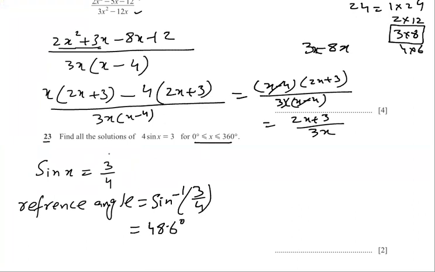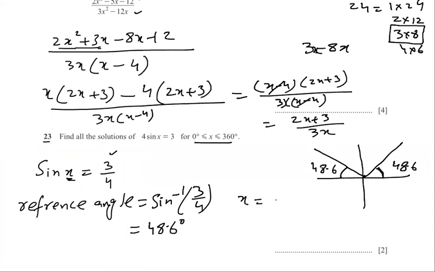Now the sine value is positive, and sine is positive in the first quadrant and in the second quadrant. So draw your reference angle here in the first quadrant and in the second quadrant. If it is in the first quadrant, the value will be the same, 48.6. In the second quadrant, the way to write the angle is always 180 minus the reference angle.